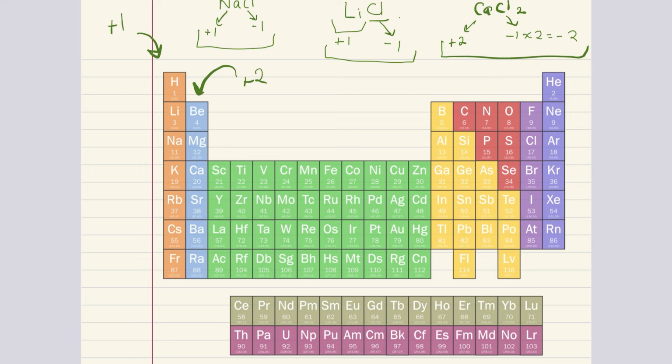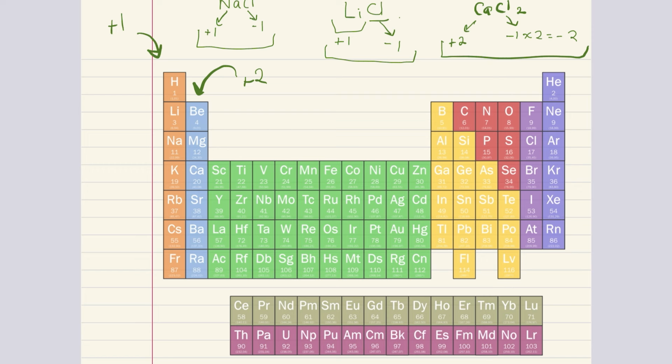Here, sodium is an alkali metal. Alkali metals always have an oxidation state of +1. So here, hydrogen will actually have a charge of -1. And the way that you know you did this correctly is, again, remember our last and final rule we covered, the sum of the oxidation numbers of all the atoms present in a neutral compound sums up to 0.